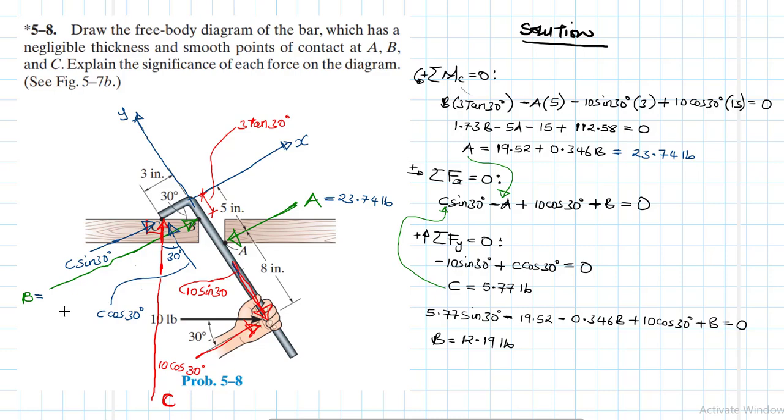So B is equal to 12.19 pounds. Okay, and my C is equal to 5.77 pounds. Alright, I guess we are done. So these were the reaction or normal forces at point A, B, and C.